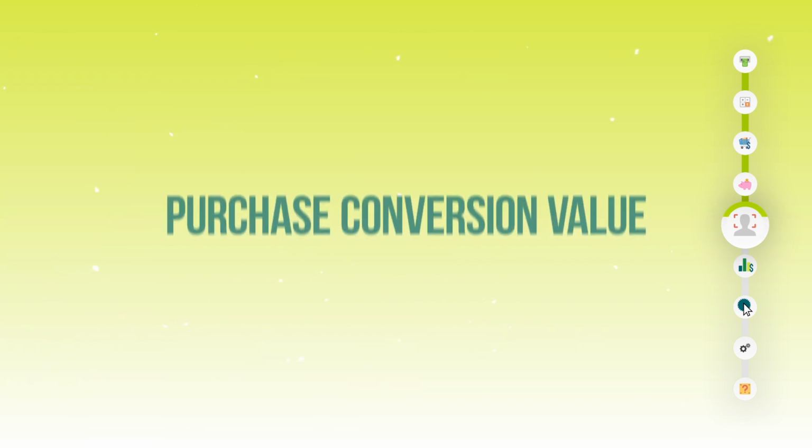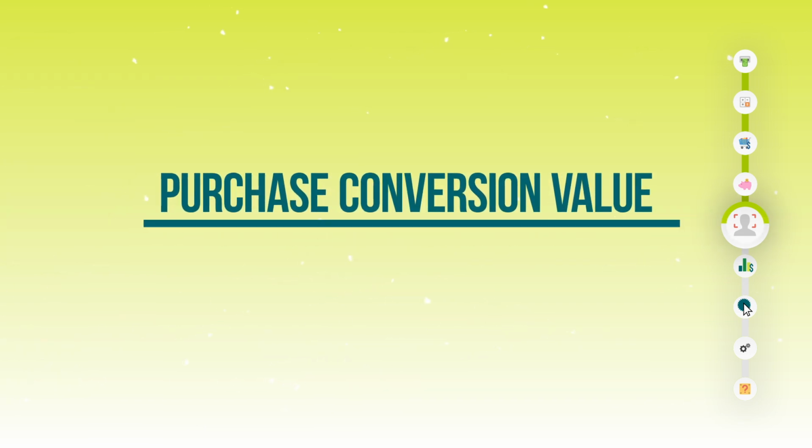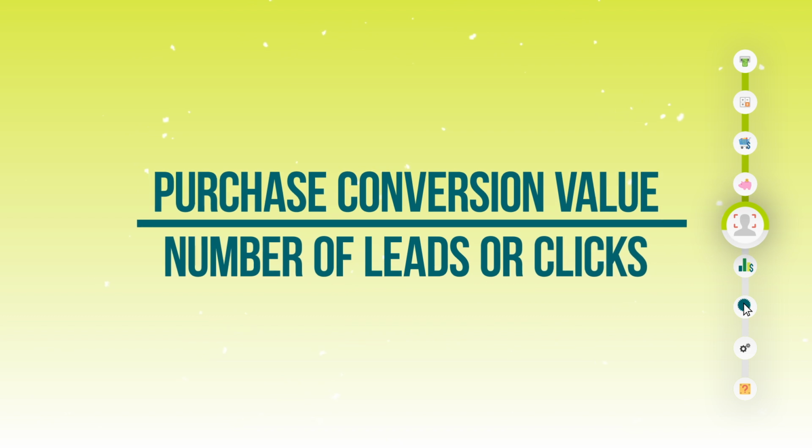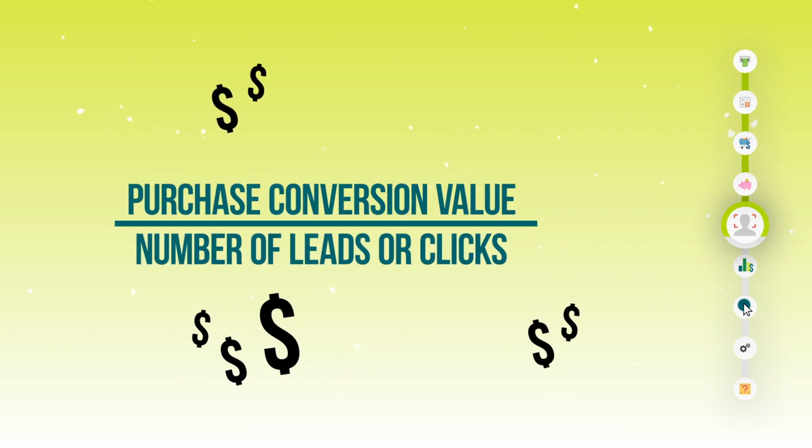And you'll take that purchase conversion value, divide it by the total number of leads to get a dollar amount, and that is your earnings per lead. That means every single time a new subscriber signs up for your email list or enters into your sales process, that's what those people are worth to your business overall.